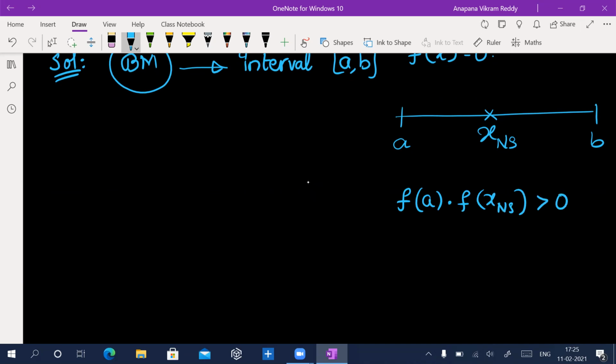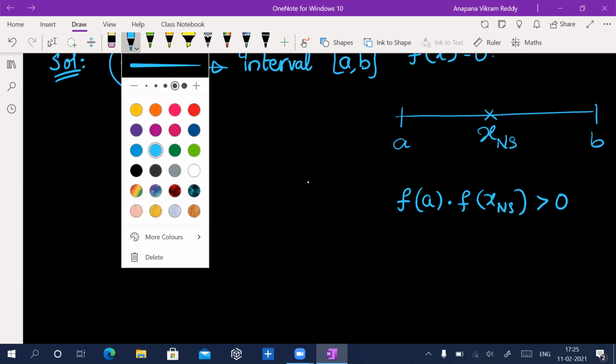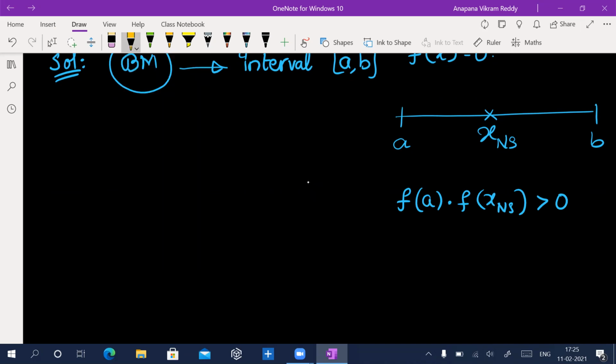That means there is no root in between A and x naught, there must be a root in between x naught and B. So I must hand over the responsibility of x naught to A, and B is B again. So this guy becomes A, and he is B as usual.